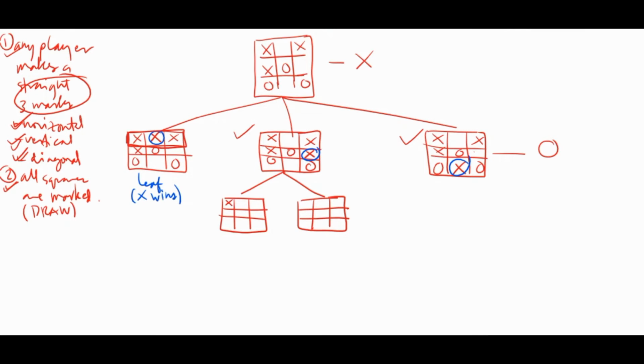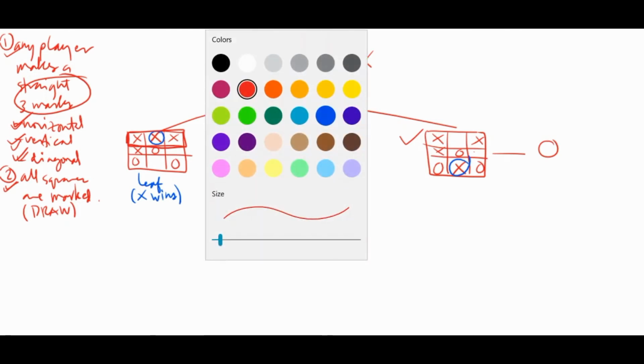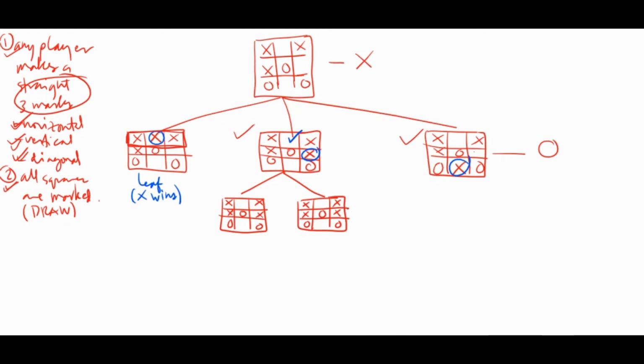The current state is XXO, O, XXO. If player O chooses to place the mark here, that would result to the next game state, which is this one. Okay? So the mark O is in here. And if player O chooses to place the mark in this square, then that would result to this game state where the mark of O is in here.